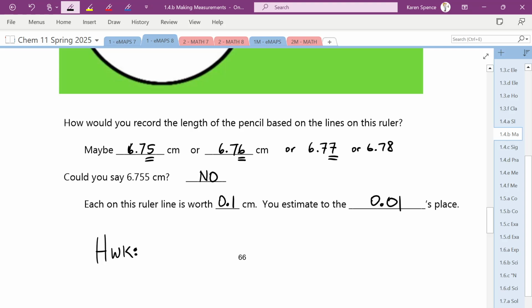And what I'm going to get you guys to do for homework is a little bit of review for your accuracy and precision quiz, which is taking place on Friday. So you are going to do 1.2b for homework.